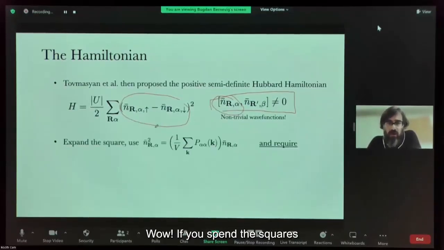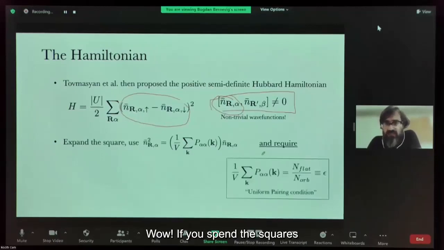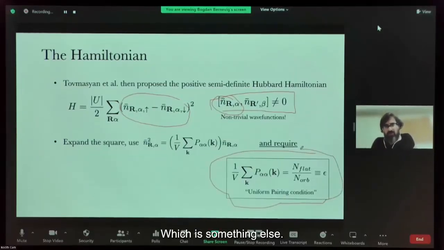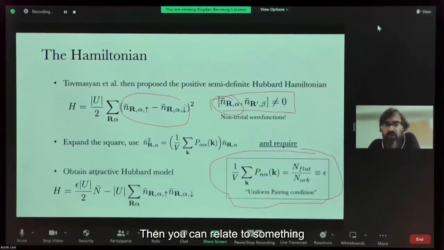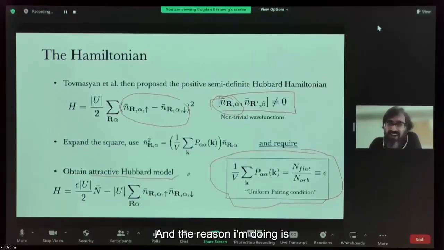Now, if you expand the squares, as we said last time, and use what's called the uniform pairing condition, which is something else that we put in order to get some very simple analytics of these models, then you can relate this Hamiltonian to a negative U Hubbard model. Okay? And the reason why we're doing this is we want to look at, for example, Hilbert pairing for these, or superconducting properties for these Hamiltonians.